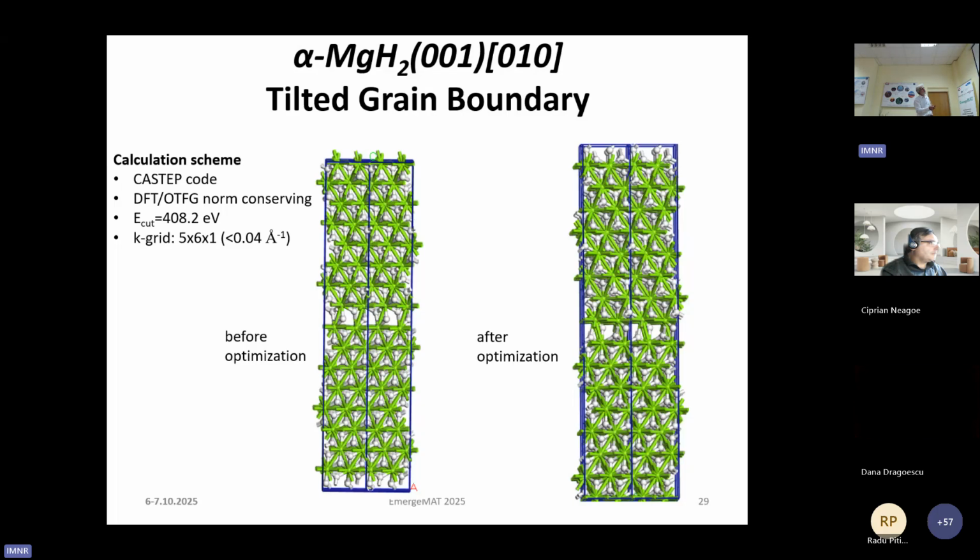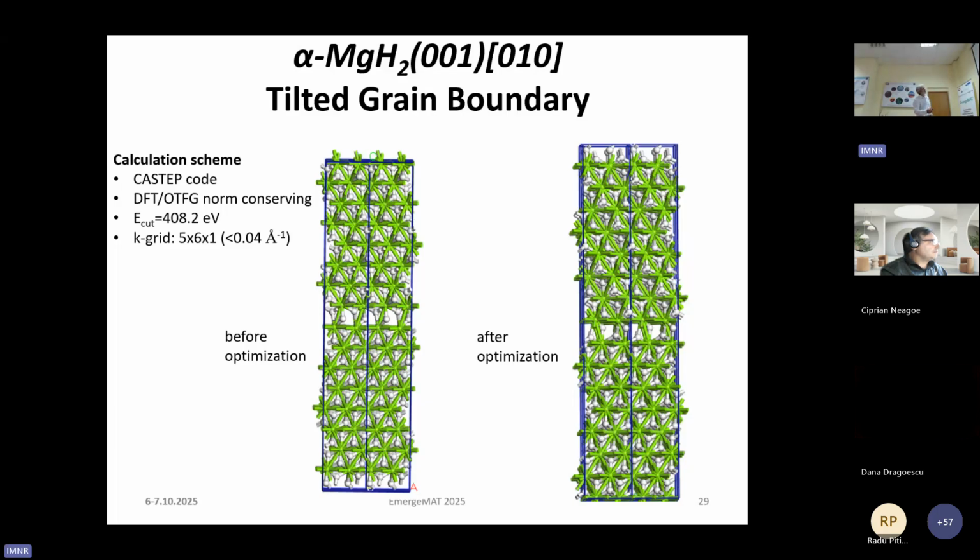So actually, the magnesium atoms are changing the frame in this area. So you see these are in different inclinations. So there are different orientation of the faces. But in this area, it appears a reconstruction of the system.